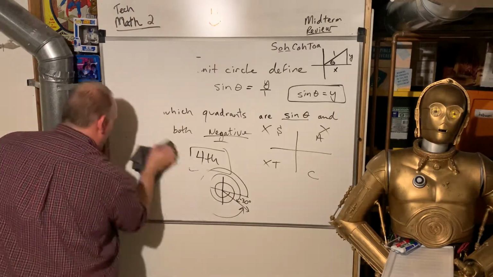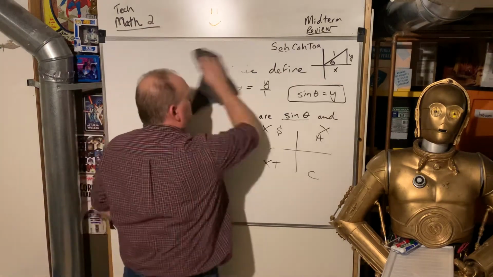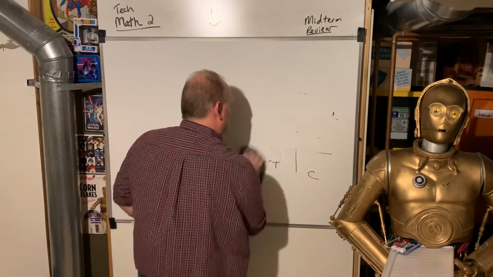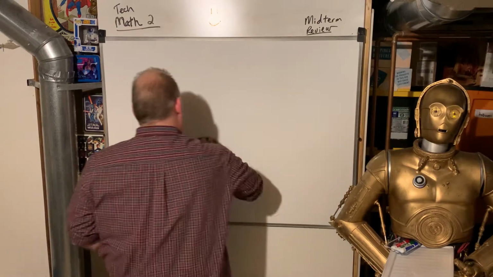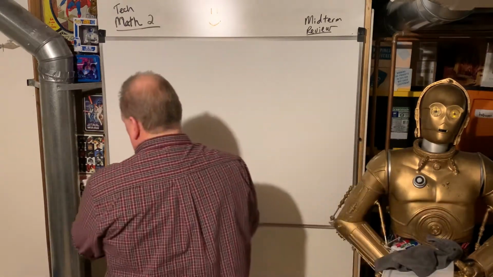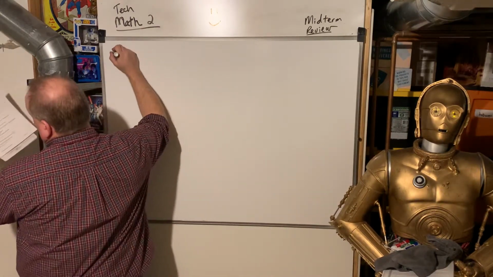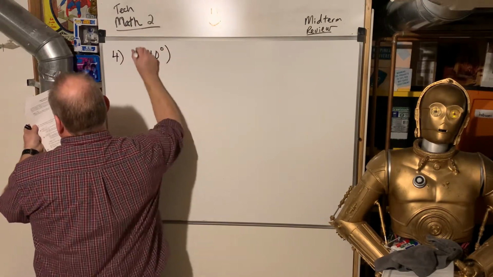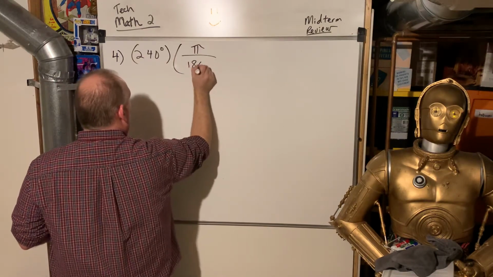So what is that going to look like? 240 degrees times pi over 180 degrees.